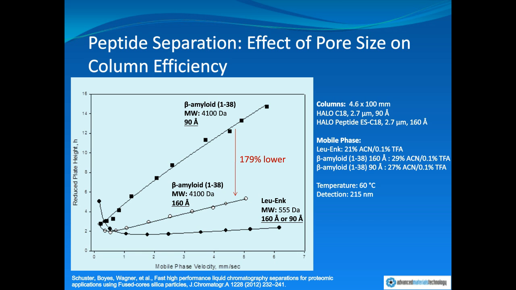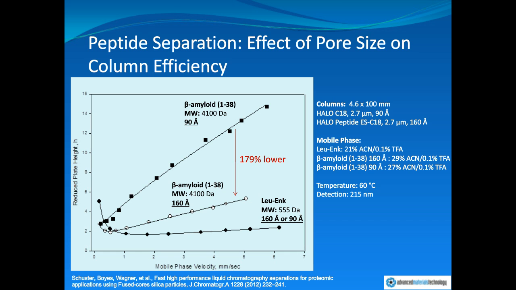Whereas leucine enkephalin, shown on the bottom curve, performs about the same, whether it's 160 or 90 angstrom. In other words, this is a molecular weight or molecular volume dependent characteristic that depends upon the pore size being sufficiently large to allow good column efficiency.